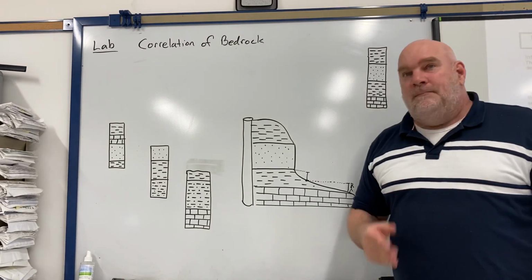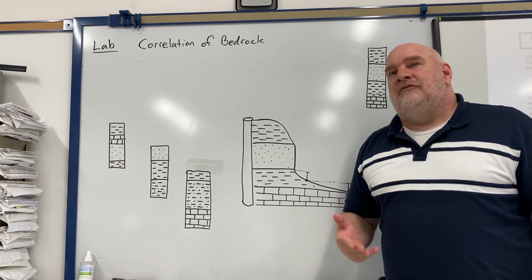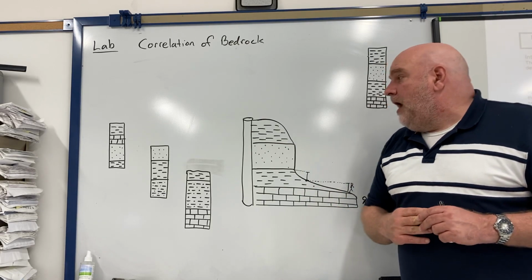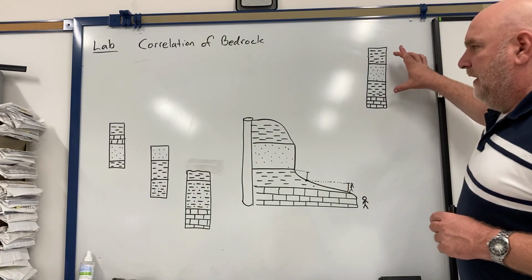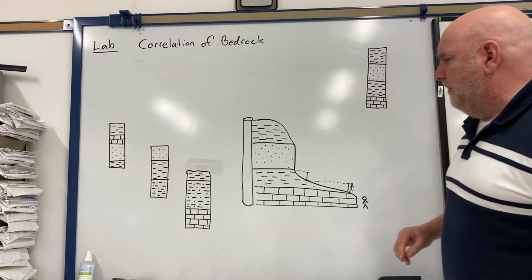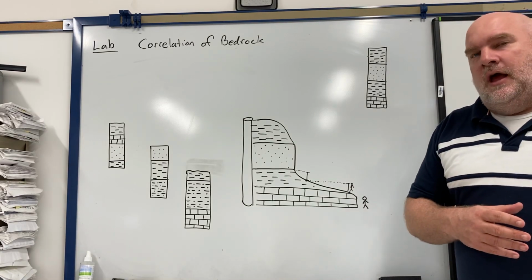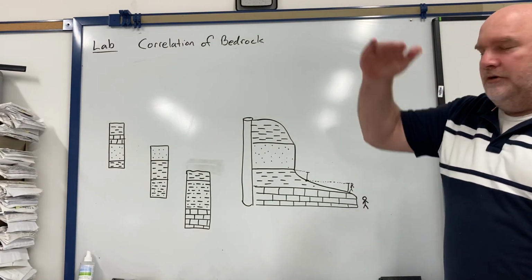If we want to look at a bigger chunk of Earth's history, what we have to do is correlate rocks from a bunch of different areas. So like this guy right here, if I could correlate him with other rock sections, then I'll have a bigger portion of Earth's history.